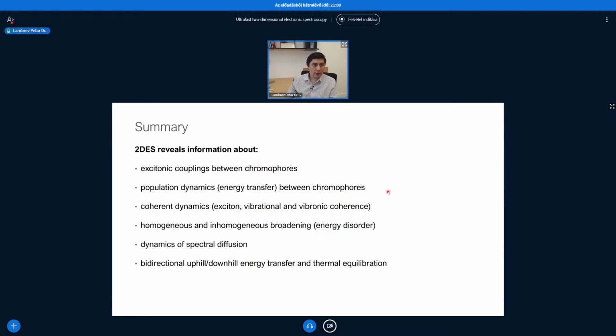Okay, so I will just repeat the main points of this technique to remember. Two-dimensional spectroscopy reveals information about couplings between your chromophores, the population dynamics or energy transfer between your molecules, and coherence dynamics, that is exciton, vibrational, there are various kinds of quantum coherence.